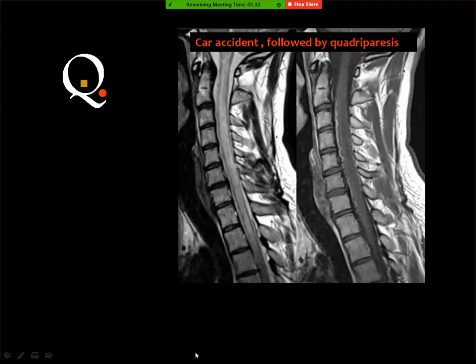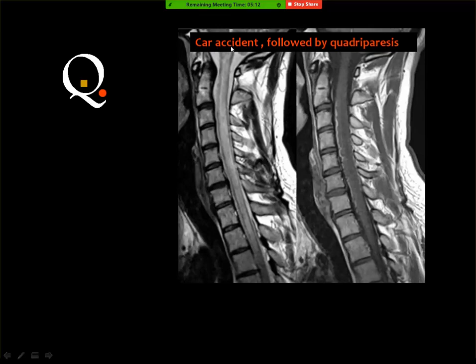Then, what do you think of this? Doctor, transverse myelitis, and another disease, which is leptomeningeal carcinomatosis. Okay, then actually look for the history.